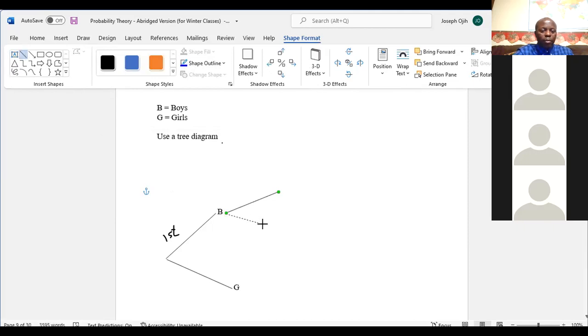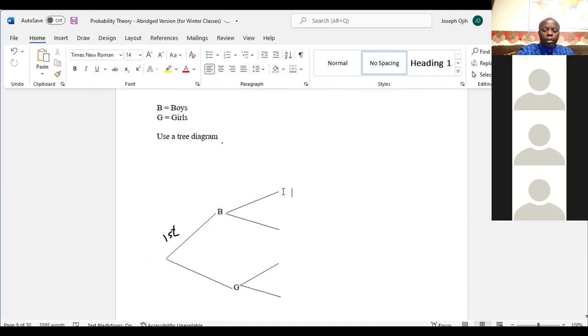For both of them, you have a boy or a girl. So you can have a boy, girl, boy.